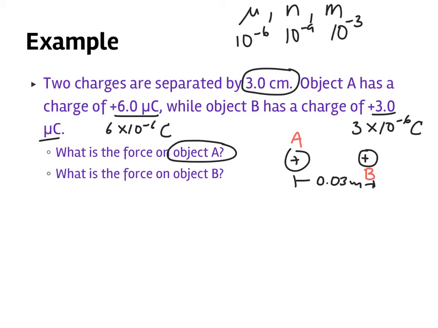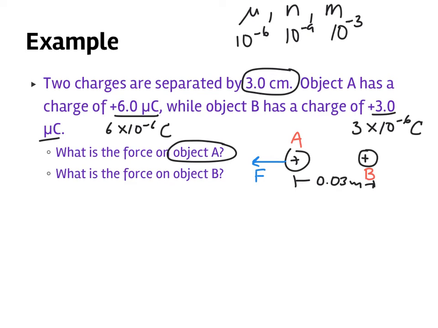So first of all, what type of force would we have? If they're two positive charges, that means it's going to be repulsive. If I want to know the force on object A, I'm thinking, how does B interact with A? Well, it's going to be a repulsion, so A would experience a force that goes that way. At this point, I'm going to neglect anything related to gravity because I'm not giving you any mass.